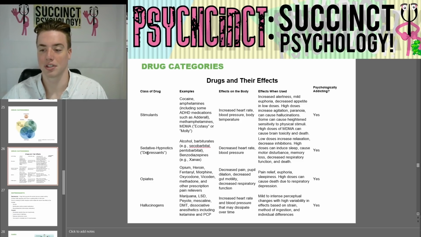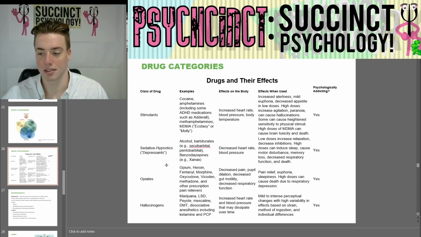Next class, we have sedative hypnotics or depressants, like alcohol, barbiturates, benzodiazepines, and these will cause decreased heart rate and blood pressure. Low doses increase relaxation, decrease inhibitions. High doses can induce sleep, cause motor disturbance, memory loss, decreased respiratory function, and death in extreme cases.